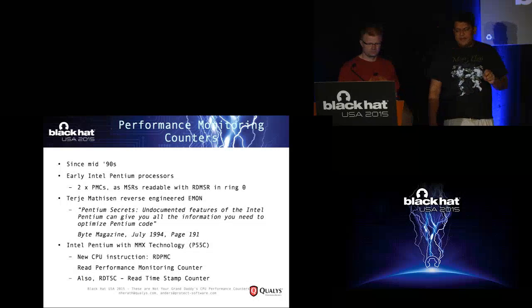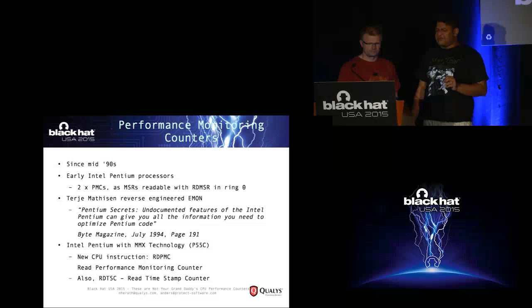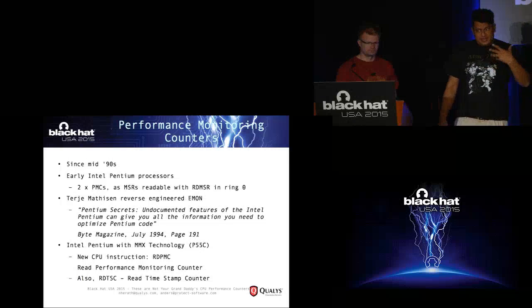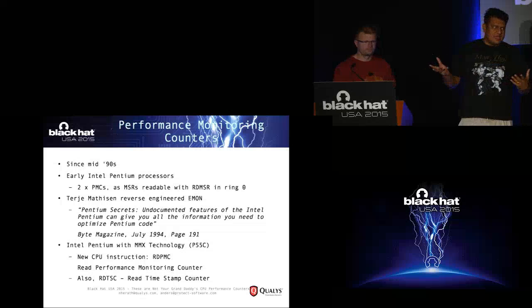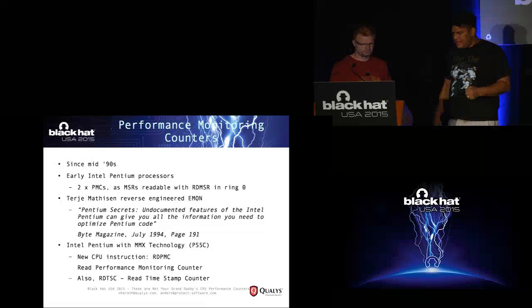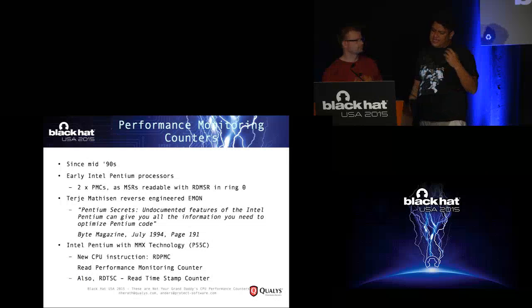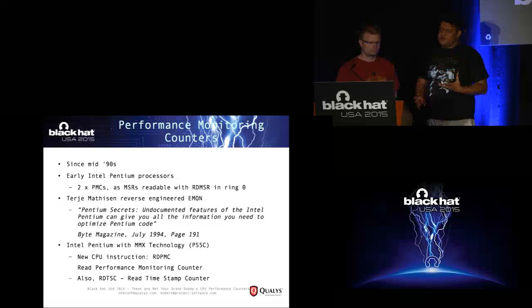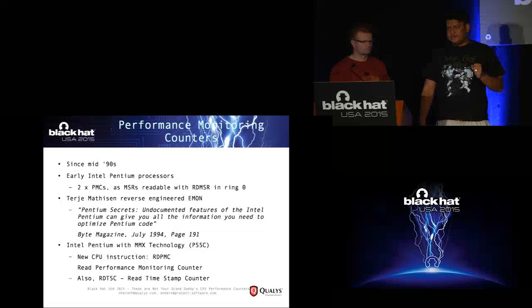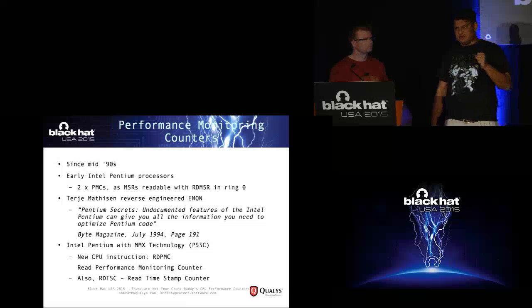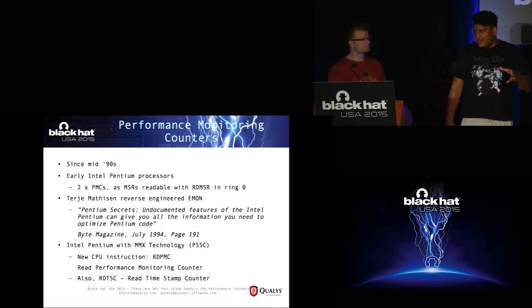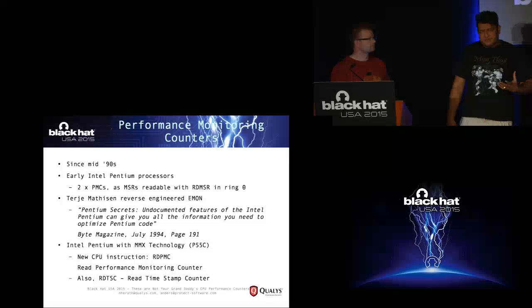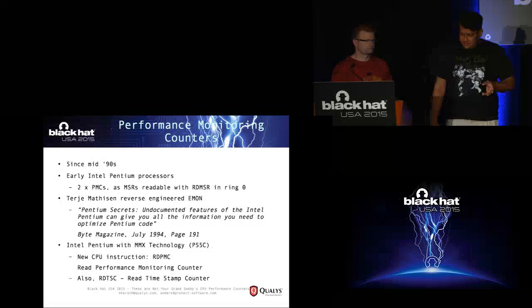With the Intel Pentium MMX technology, the P55C core, Intel started offering it as a standard architectural feature. With the Intel Pentium implementation, there were 2 performance monitoring counters, implemented as model-specific registers, or MSRs, and they were both readable with the RDMSR instruction, but only in ring 0.